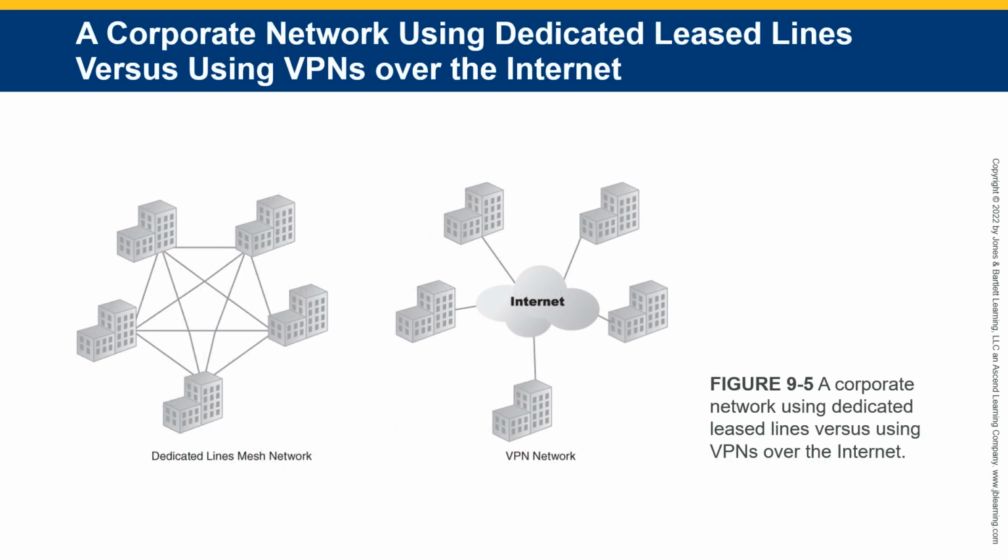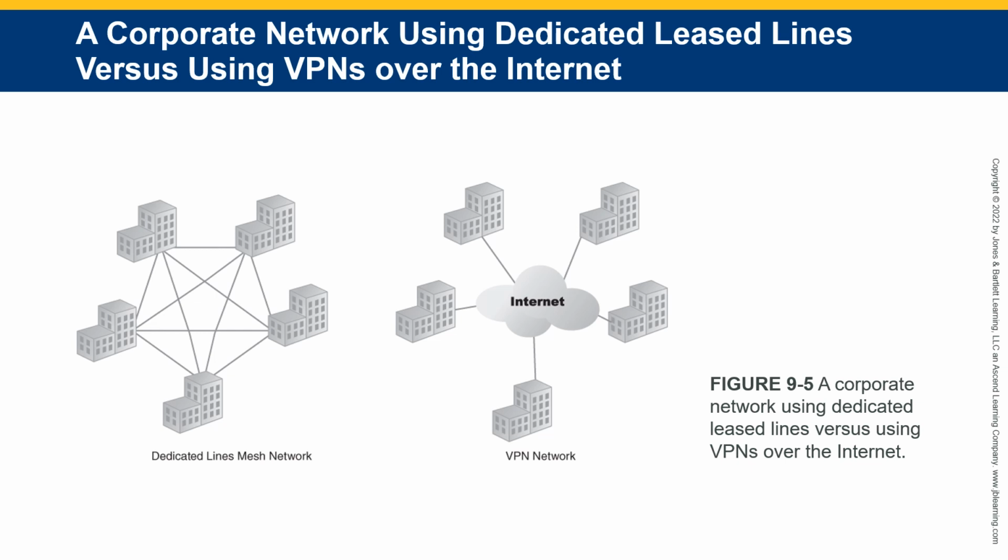So let's look at a corporate network that uses dedicated lease lines versus a VPN across the internet. On the left-hand side, each of these buildings has to establish a direct telco connection to other networks there for redundancy and direct connectivity.